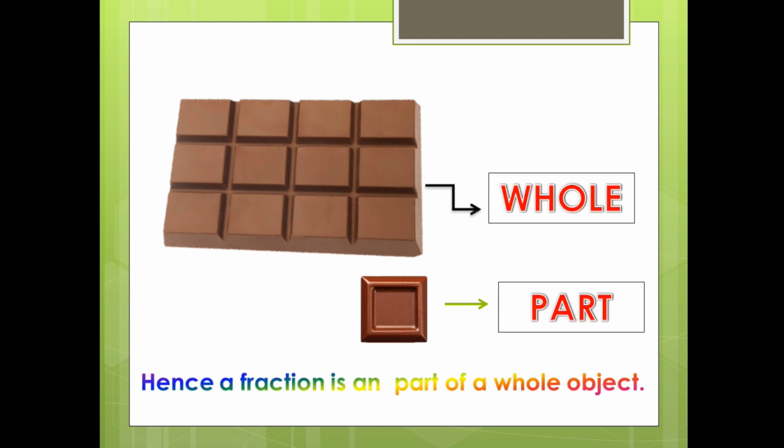Hence, a fraction is an equal part of a whole object. So the fraction, in the last clip we have seen, 1/4. So what is that? 1 part out of 4 complete pieces. Yes or no? So a fraction is a part of a whole object.